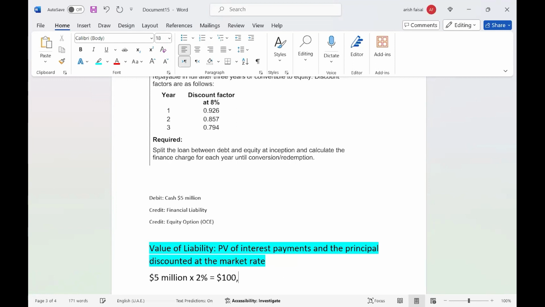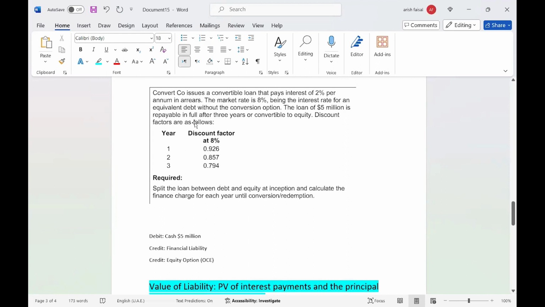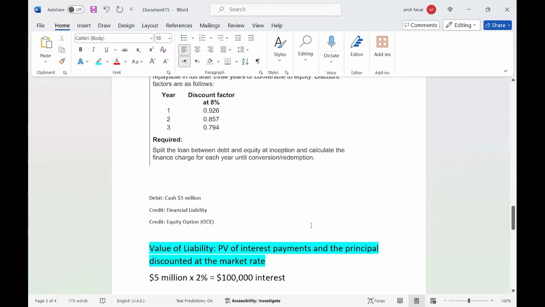So that's 100,000 interest, which will be there for 3 years, because it's repayable in full after 3 years. So the term of the bond is 3 years. After 3 years, either you take the 5 million back or you can convert it into a fixed number of shares, right? So the interest is 100,000.